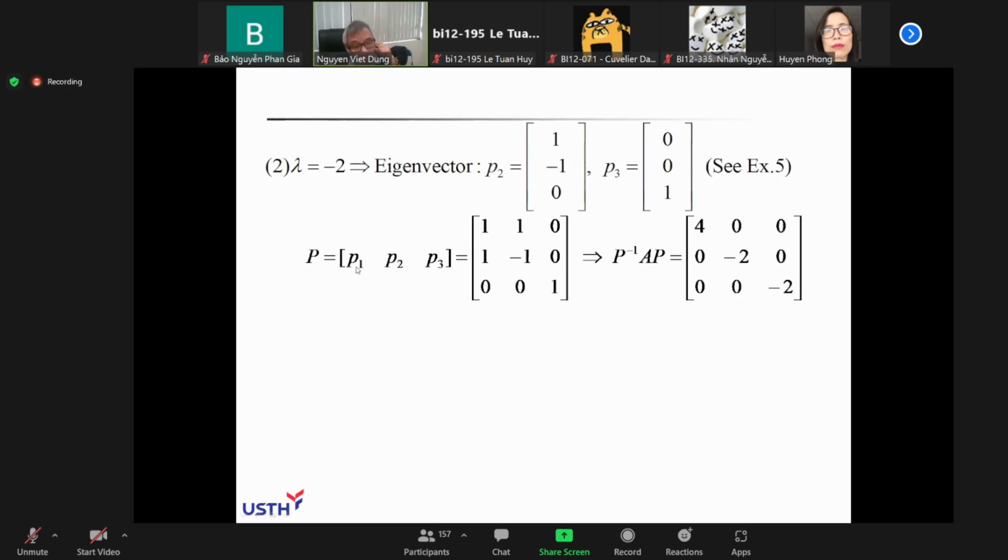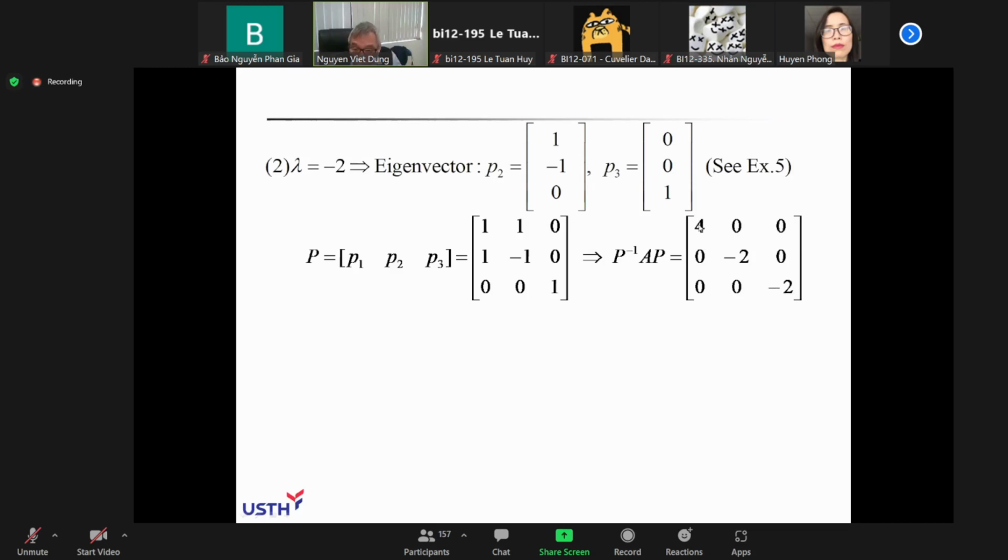Because P1, P2, and P3 are linearly independent, the matrix P will be invertible. And you can verify that P inverse multiplied by A multiplied by P equals the diagonal matrix like that.